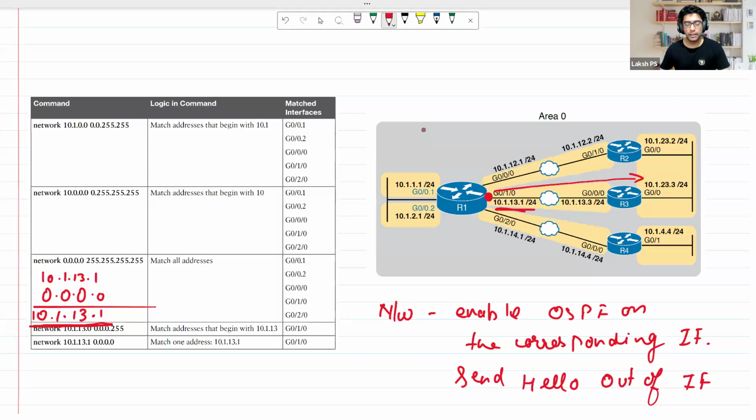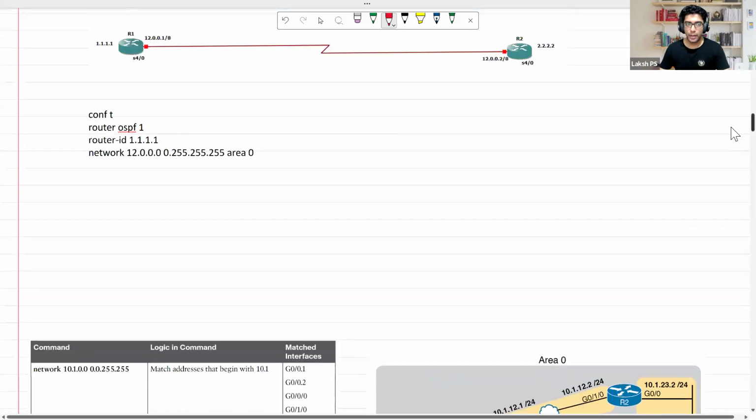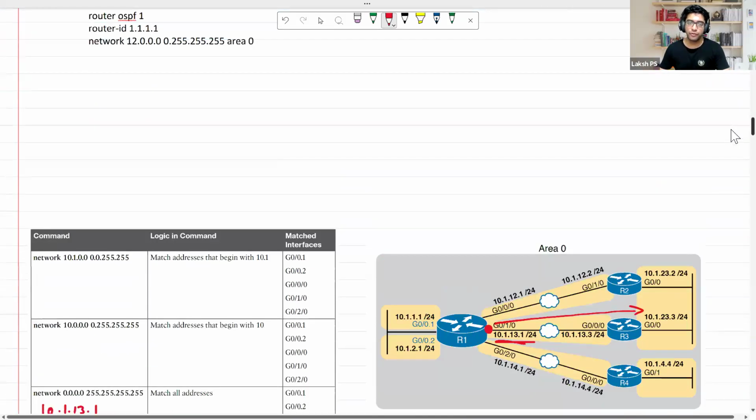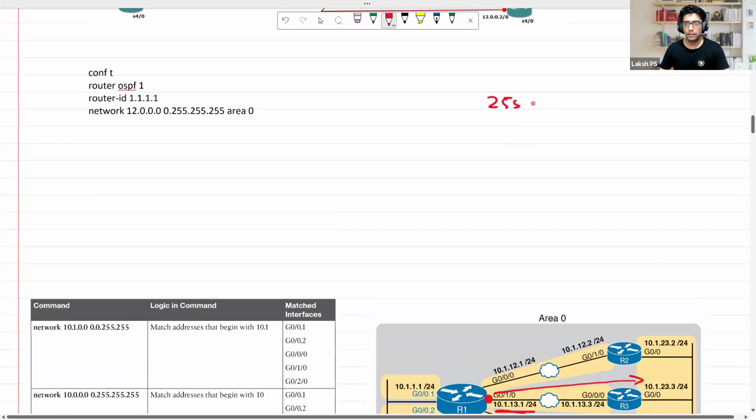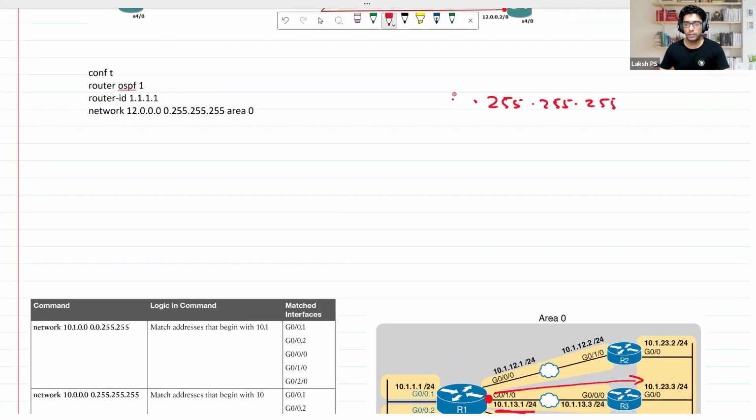And this is why understanding the network command is very, very important. Now, in real time, you may not see only 255s or 0.255, 0.0.255.255 or 0.0.0.255.